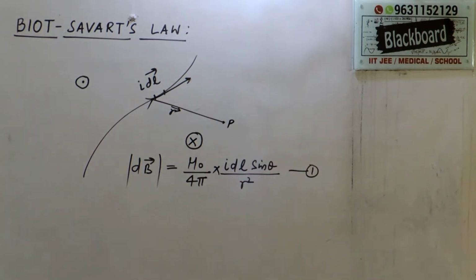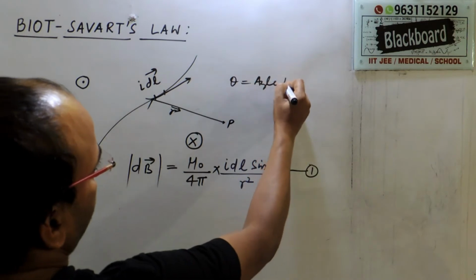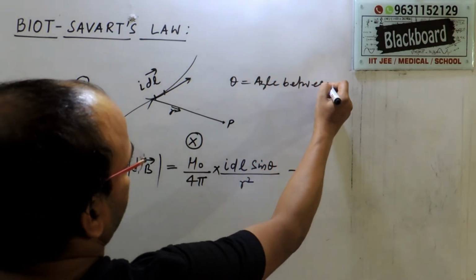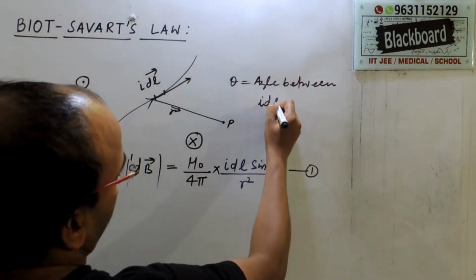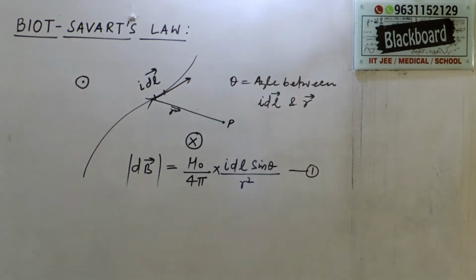Here I dl is the current element, r is the distance, and theta is the angle between I dl and vector r. This theta is the angle between r and dl.